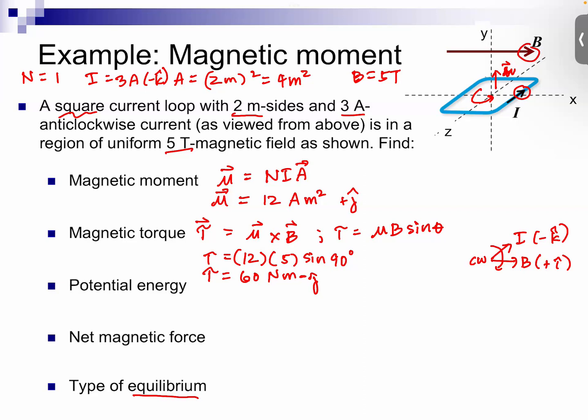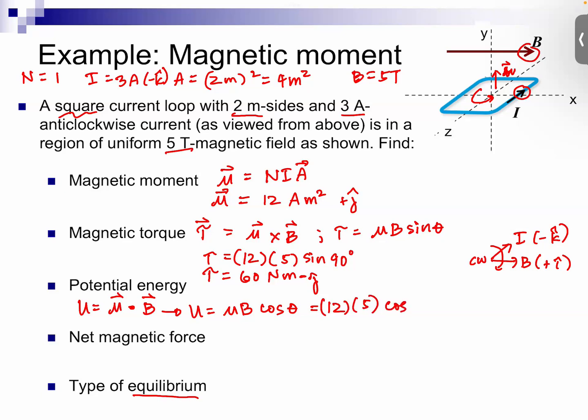Now the potential energy is the dot product of the magnetic dipole moment with the magnetic field. The dot product is of course a cosine theta function. The magnetic moment is 12 times the magnetic field of 5.